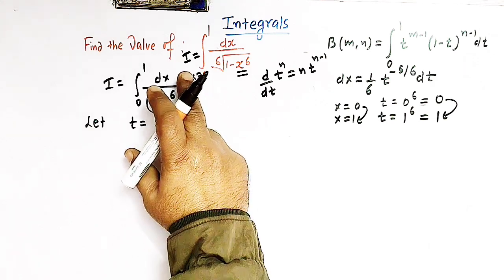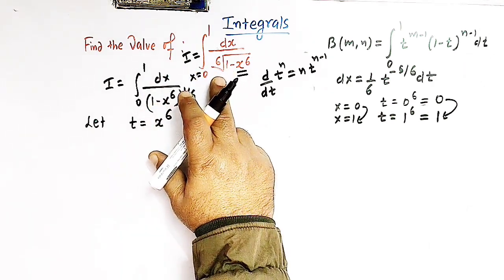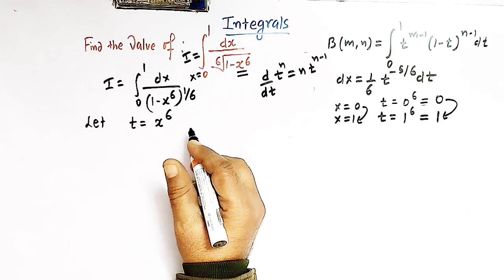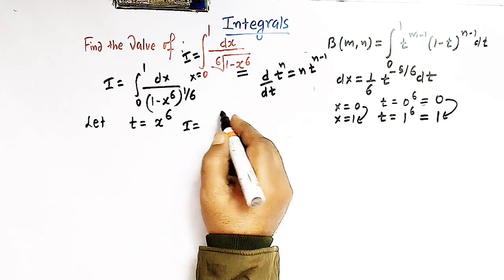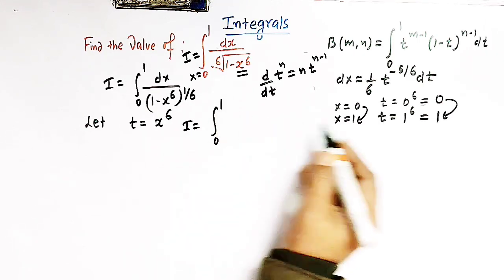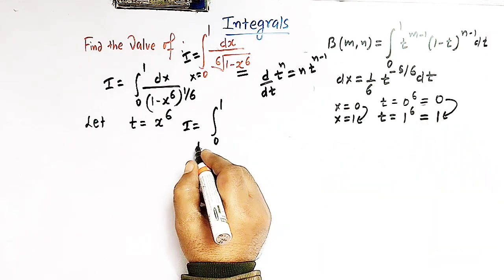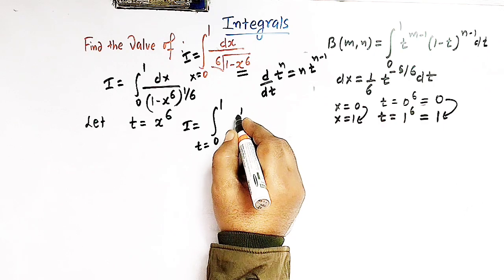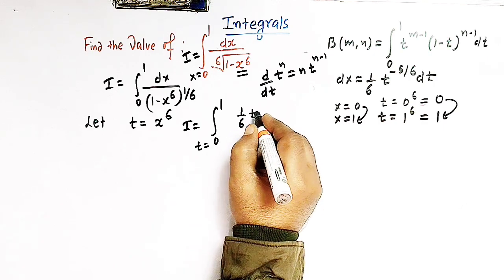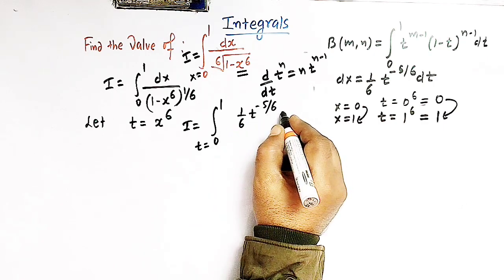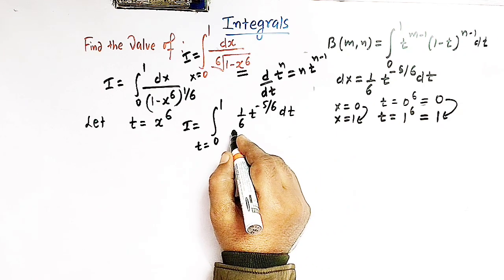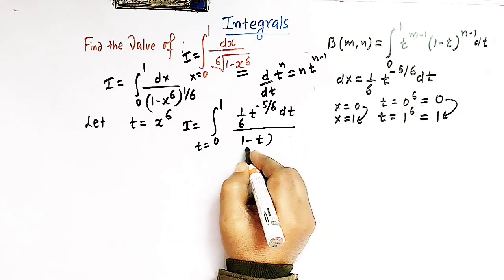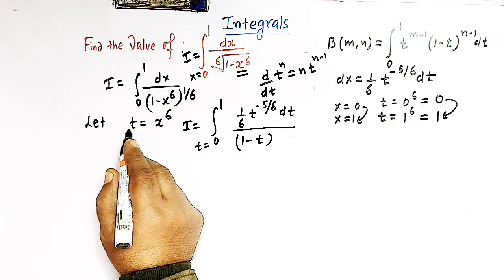So now let us write the value of this integral I in terms of t. We can now write I equals the integral from 0 to 1, because the limits remain the same, and for dx we can write 1/6 t^(-5/6) dt, and in the denominator we have (1 - t)^(1/6), because x^6 is t.